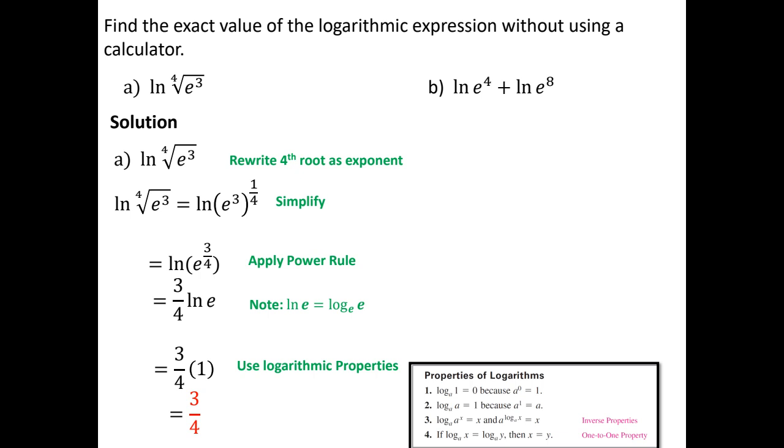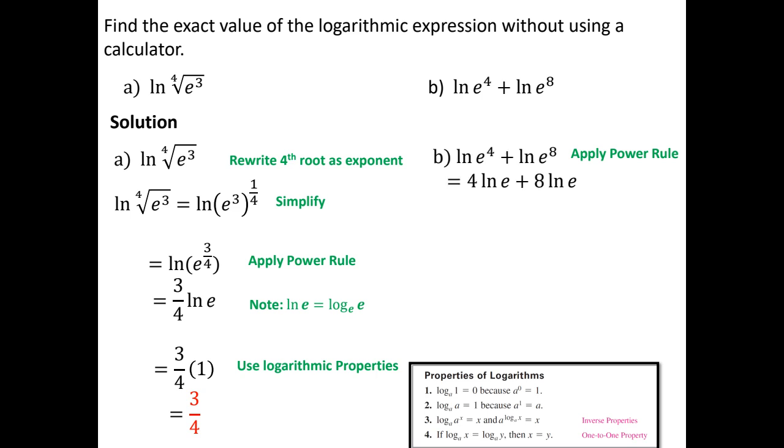All right, let's look at the second one. Part B is going to require us to do a little bit extra work. So I see that I have two logs. What I'm going to do first is apply my power rule, because I have two logs that have exponents. So I'm going to simplify by canceling out those exponents, and the power rule says that I'm going to multiply this exponent to the logs.